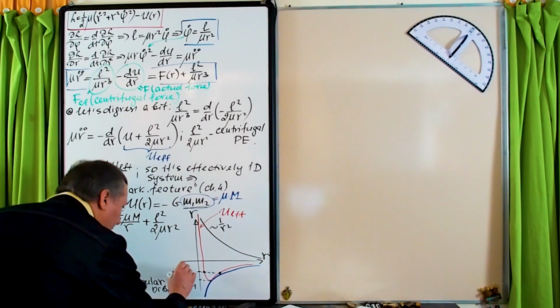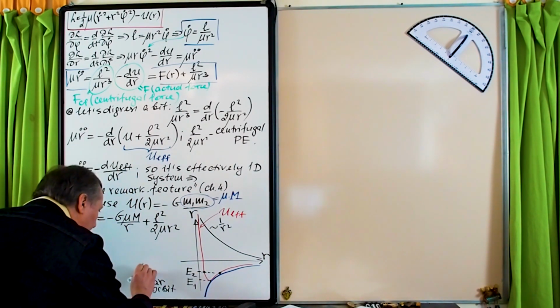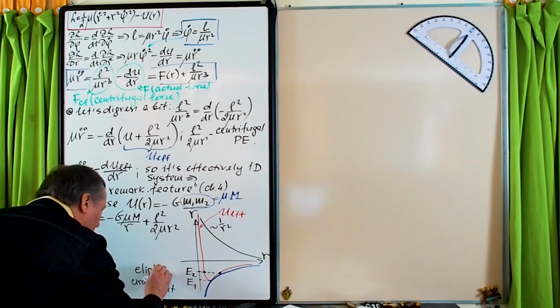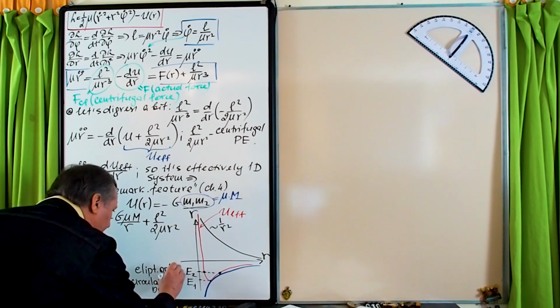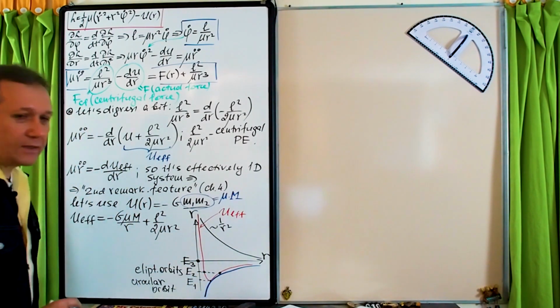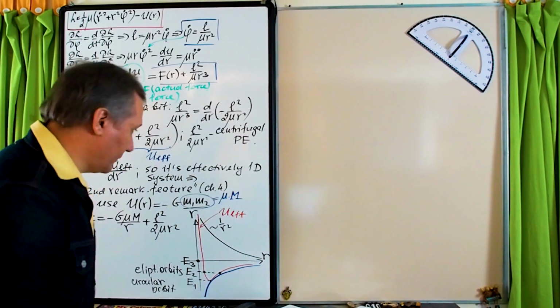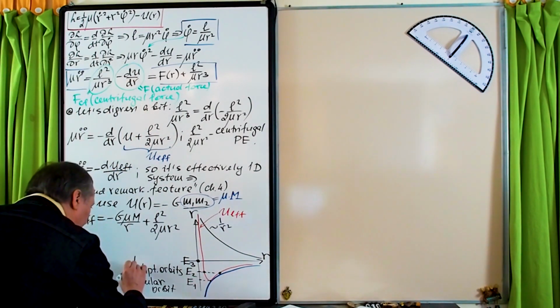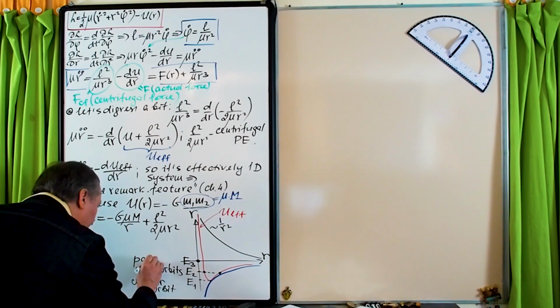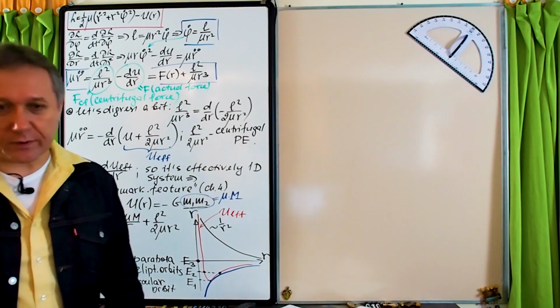If you provide this amount of total mechanical energy, you will get elliptical orbits. If you provide this amount of total mechanical energy, E3, basically equal to 0, you'll get a parabola, parabolic orbit trajectories.